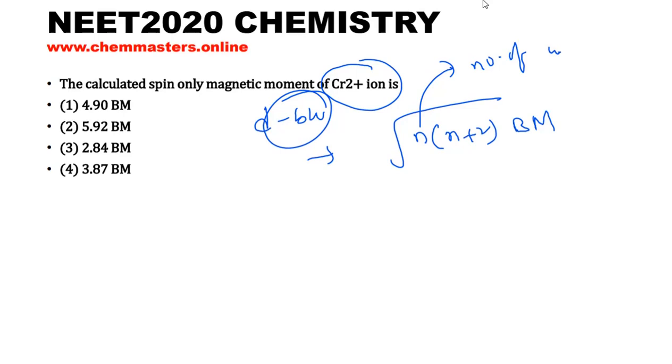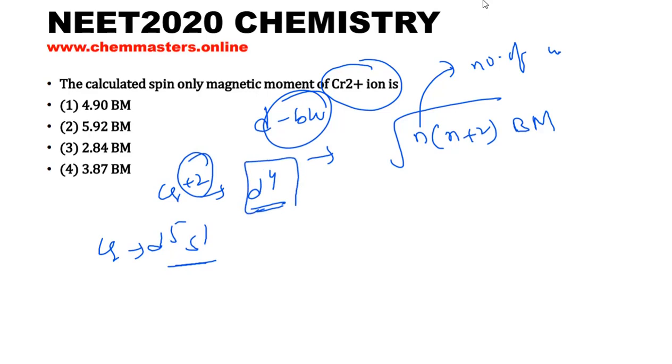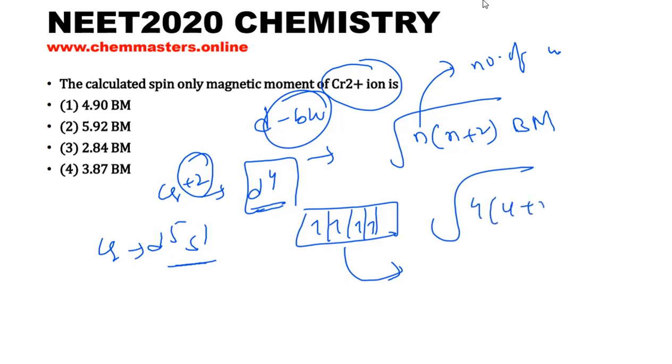For chromium plus 2, it is d4, because chromium has 3d5 4s1 valence electronic configuration. In its plus 2 oxidation state, it has only 4 electrons in its degenerate d orbitals, so we can see 4 unpaired electrons. That's why square root of 4 into 4 plus 2 Bohr magnetons, which equals 4.90. So option 1 is the correct answer.